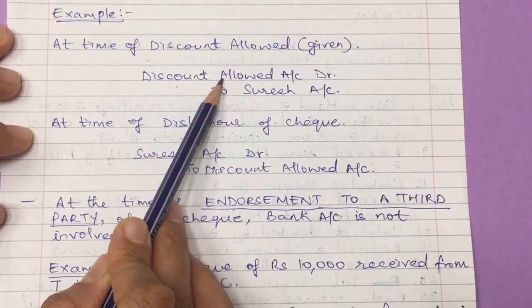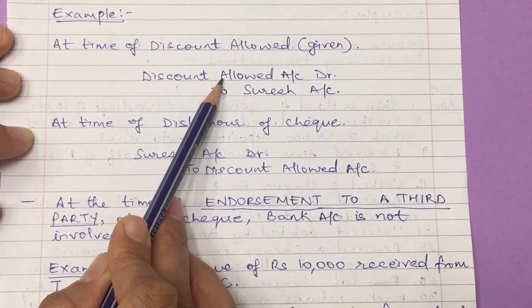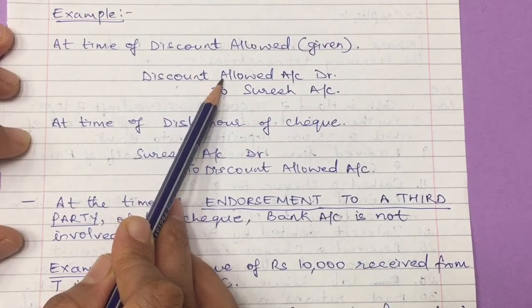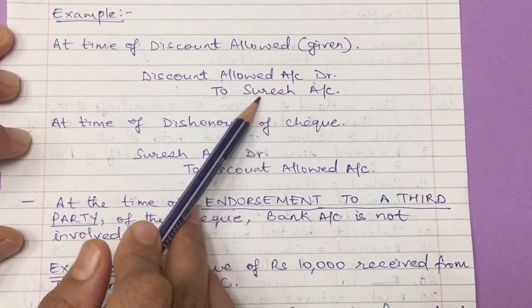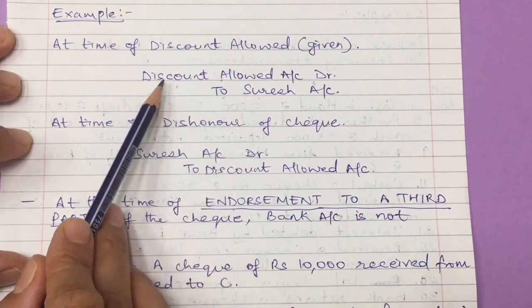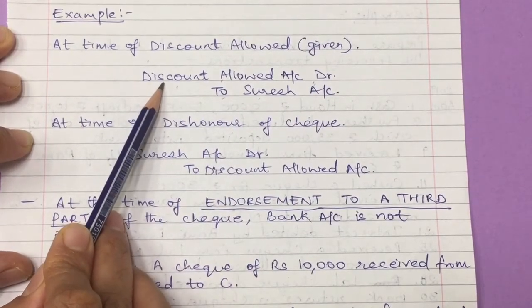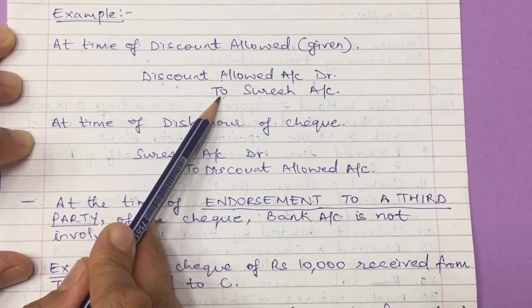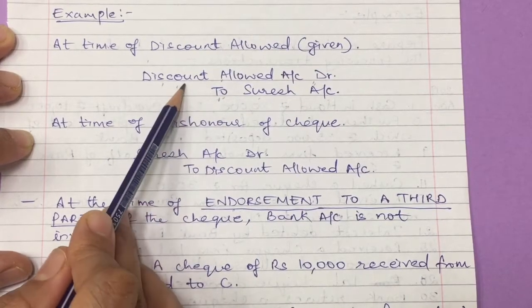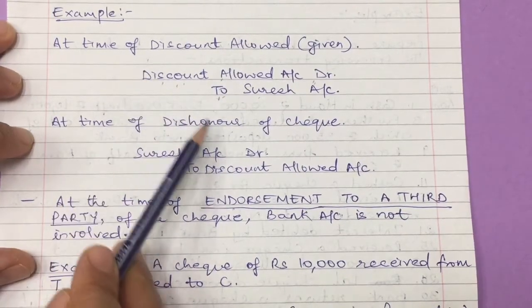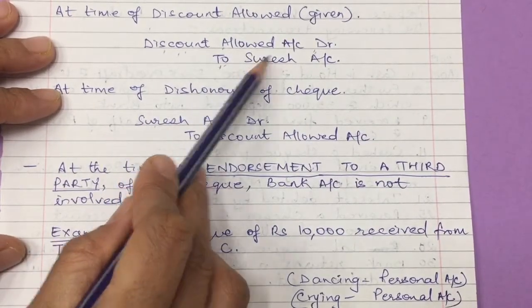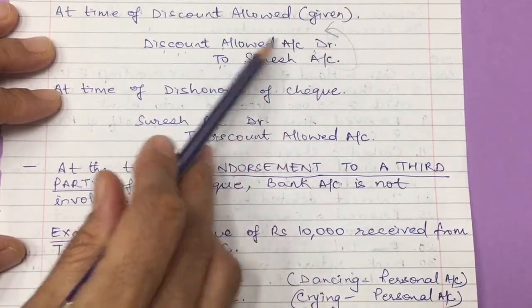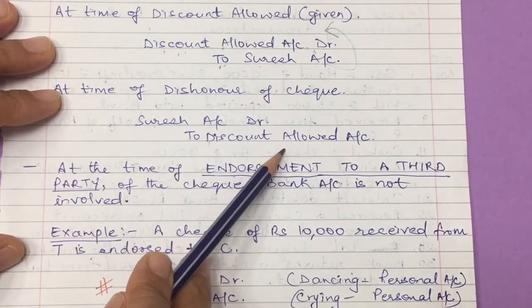It's a part of nominal account. It's a crazy account. It works in an opposite manner, so it will start dancing. That's why it's on the debit side to Suresh. Now when my payment was not honored by Suresh, I will cancel this discount allowed. I will simply reverse this entry and say Suresh account debit to discount allowed credit.